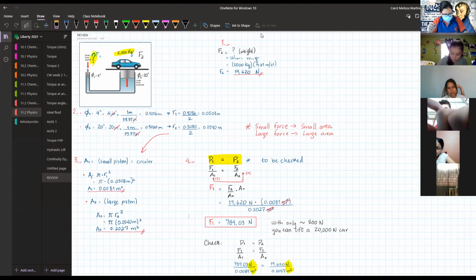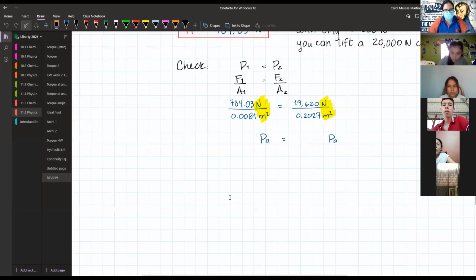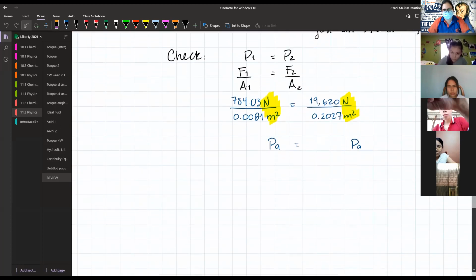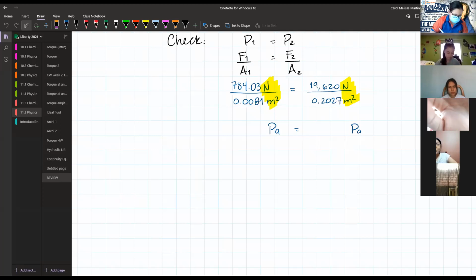Now let's perform these divisions and let's see if it's equal. Well, in section 1, I got 96,793.83 pascals.